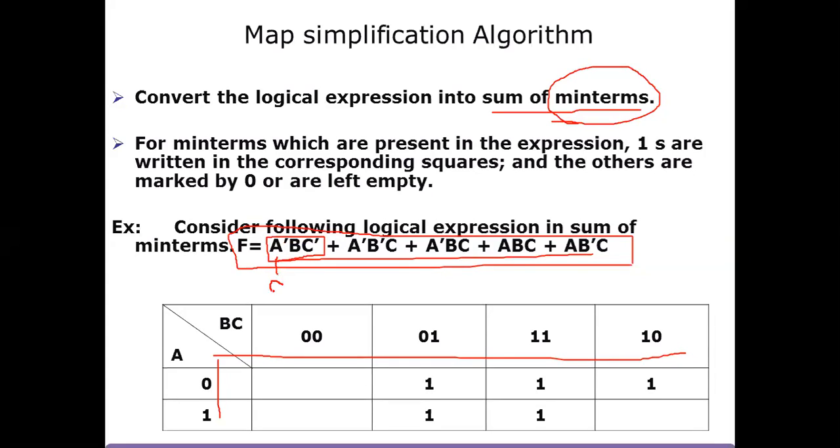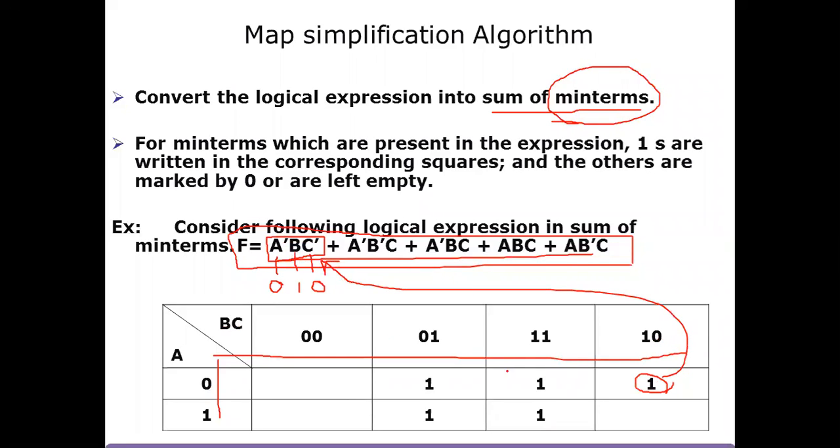So A dash should be 0, B should be 1, C dash should be 0. What's the box corresponding to 0, 1, 0? A is 0, B is 1, C is 0. This is the corresponding box for A dash, B, C dash.